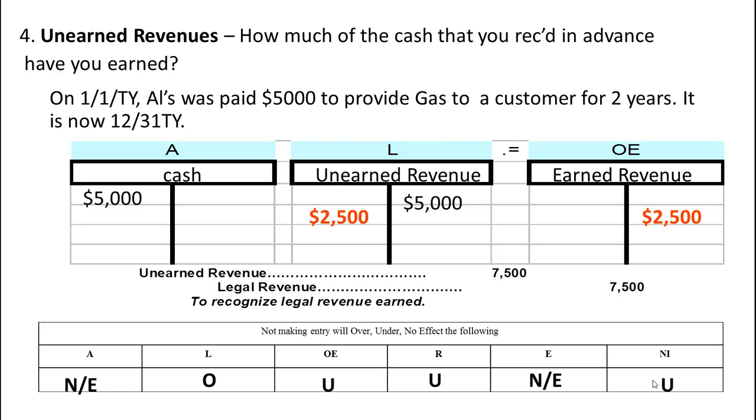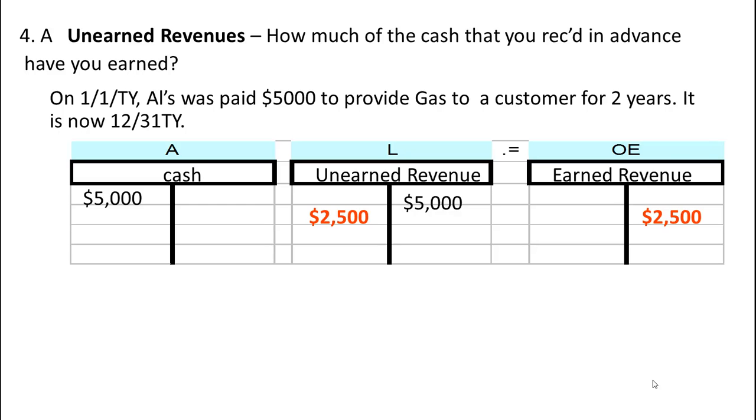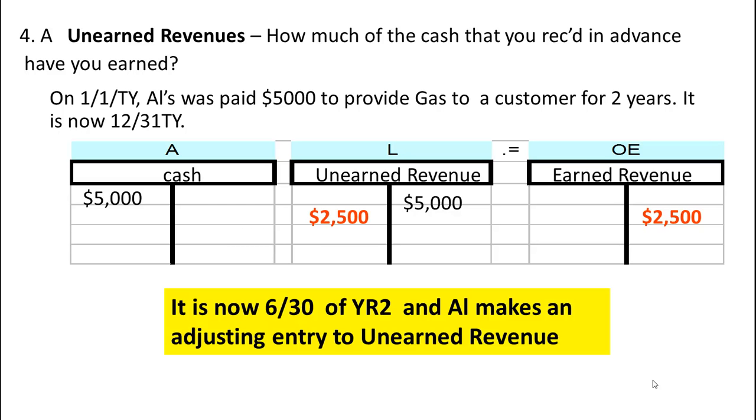Now, let's go into year 2, this same situation. There's what happened in year 1, and now it's, again, June 30th of year 2, and we need to put together a financial statement, so we need to do an adjusting entry to bring this unearned revenue account forward to the point in time where we're at, which is June 30th, for whatever reason. Financial statement, bank wants to see something, whatever.